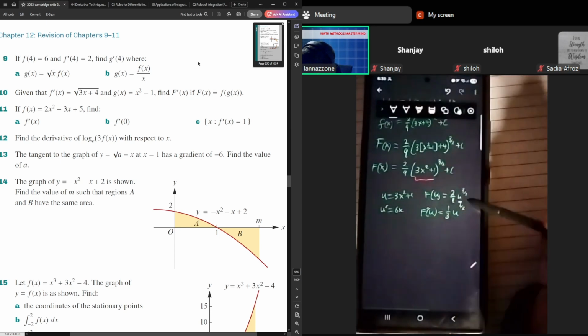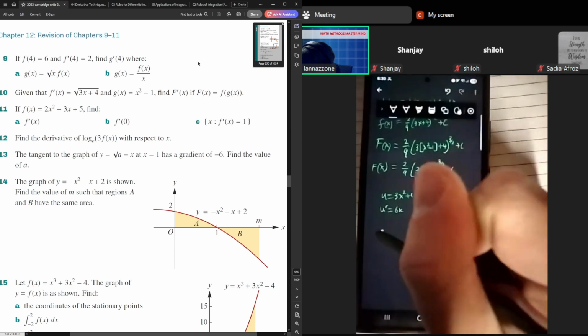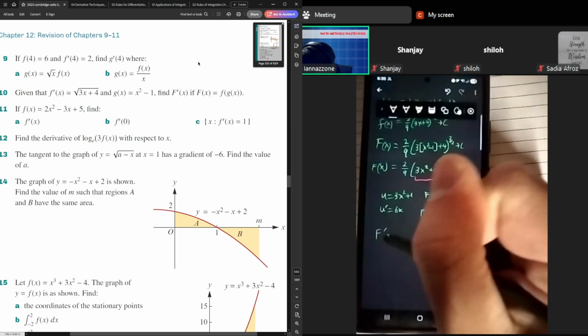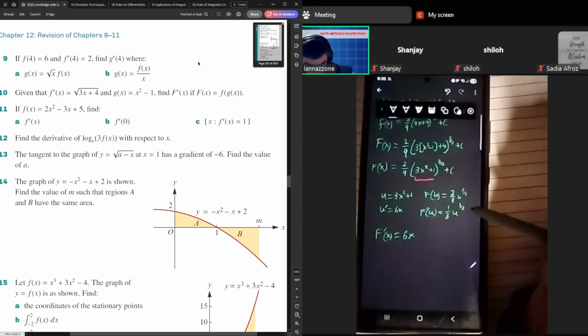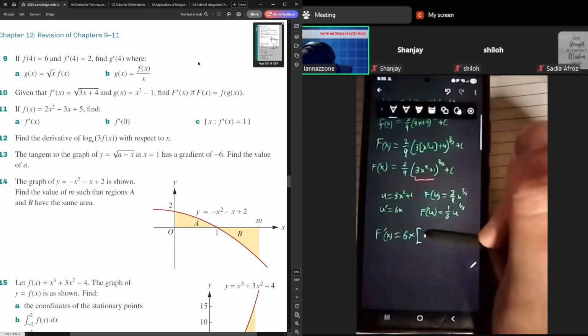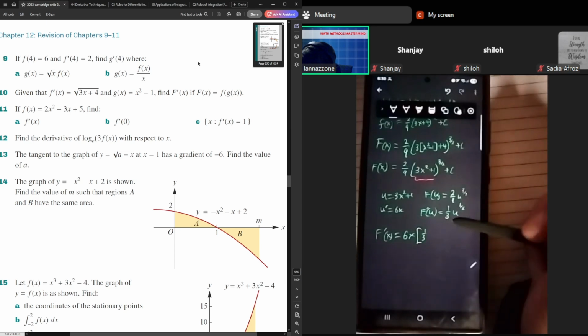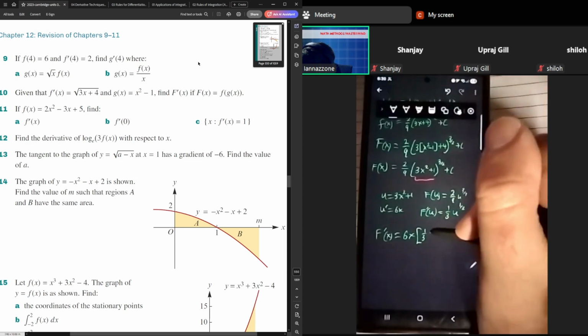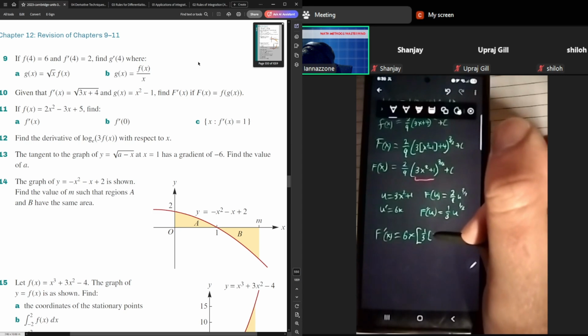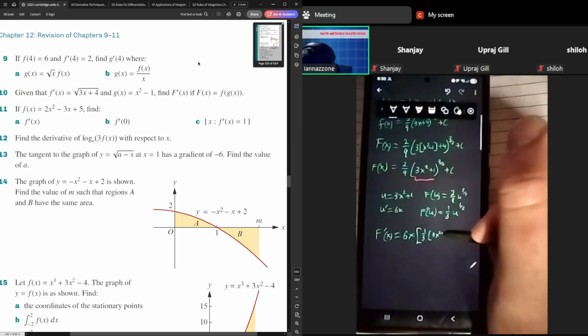And then multiply those two things together. So you've got capital F dash of x is 6x out the front of a third. The u was 3x squared plus 1.